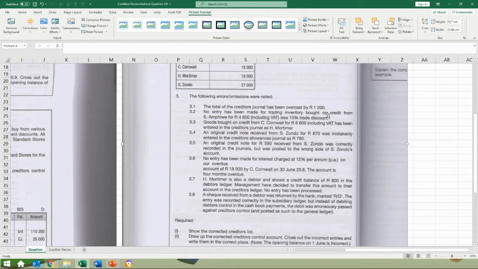Now, if the total of the creditors journal has been overcast, where do you think you will have to correct that error? I'm just going to repeat my question. If the total of our creditors journal was overcast, where would we correct that error?